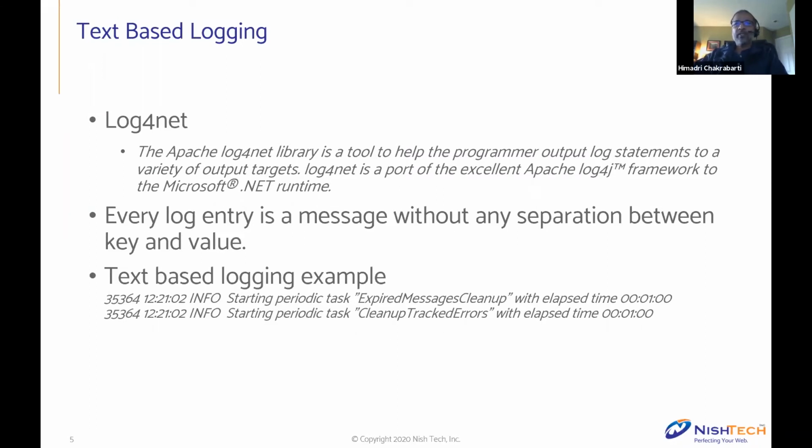Log4net is a port of the excellent Apache Log4j framework to the Microsoft .NET runtime. In this statement, you will not see that it actually tells how to output the log. It just says here is the library.